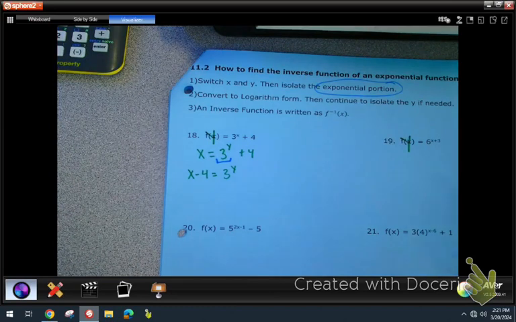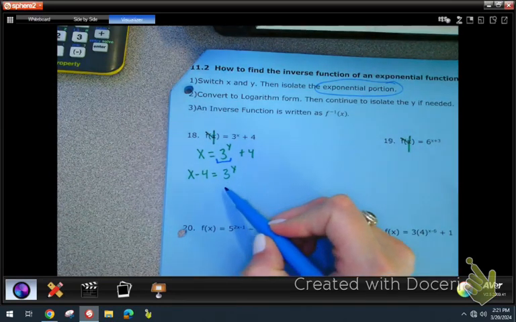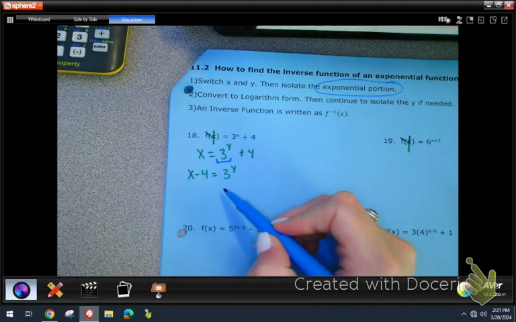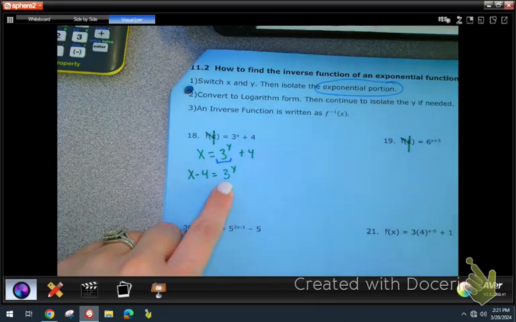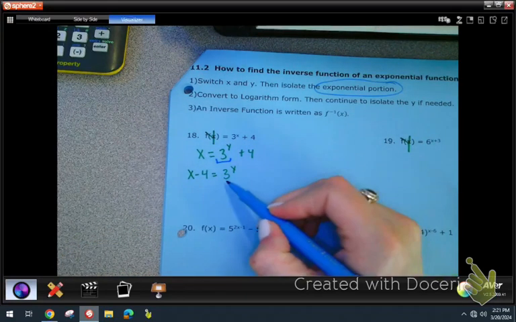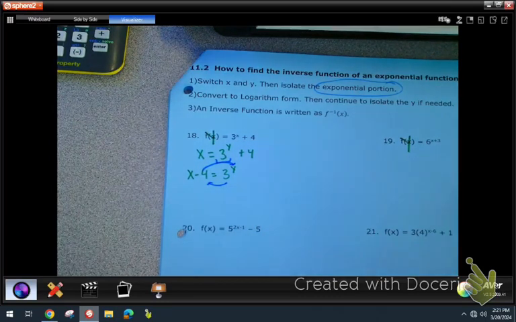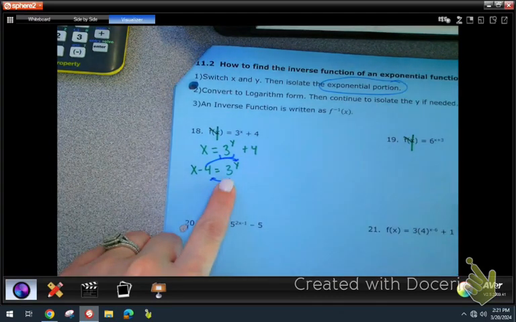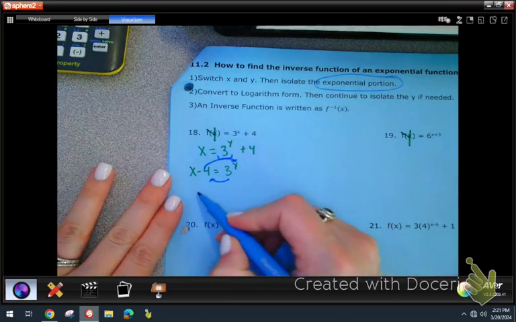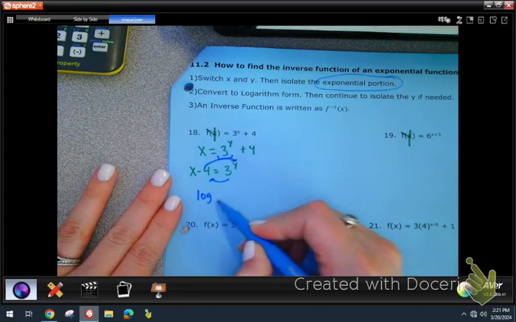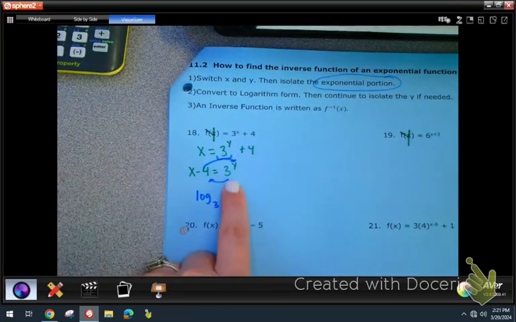Now, you're still doing what we did last class. What's a little bit different about inverses is typically the way they're set up. Your base is going to be on the right side, where on the whole last page, our base was on the left side. So your arrows are going to go like this, which is a little bit different, but it's still the same thing, okay? So the base of our exponential is 3, so what's going to be the base of our log? 3 as well. And again, I already drew my arrows.